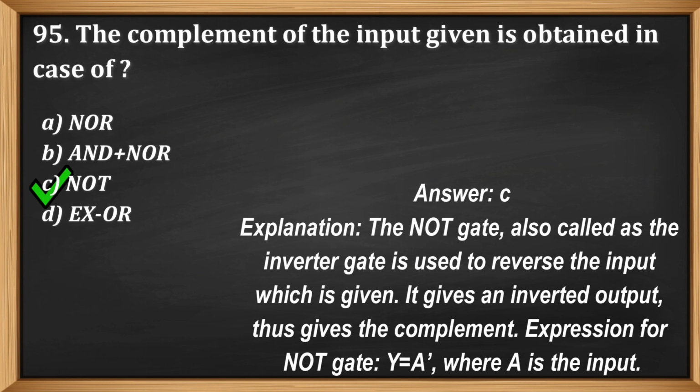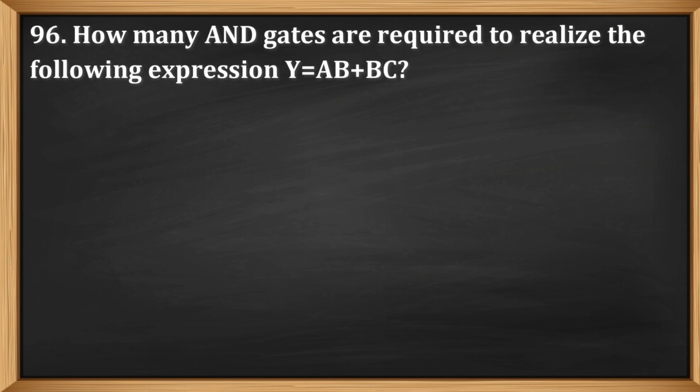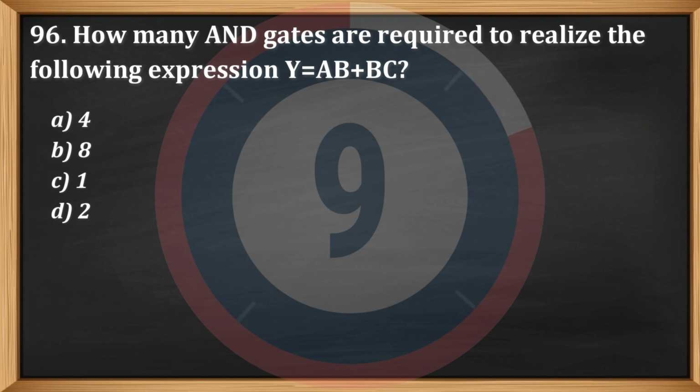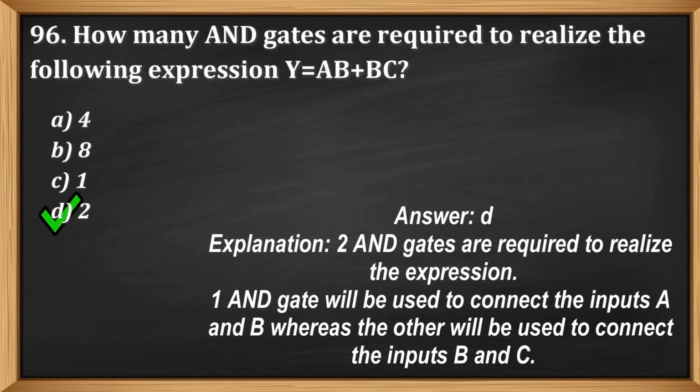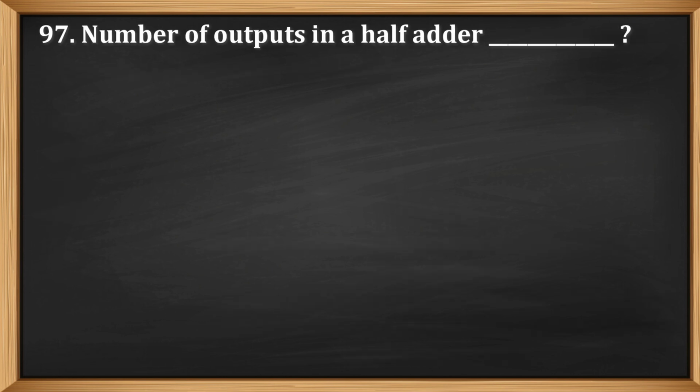The complement of the input given is obtained in case of option C, NOT. How many AND gates are required to realize the following expression y is equal to AB plus BC? Option D, 2.